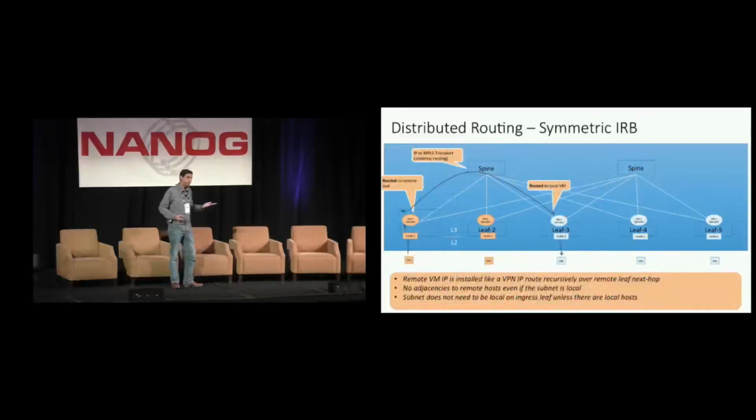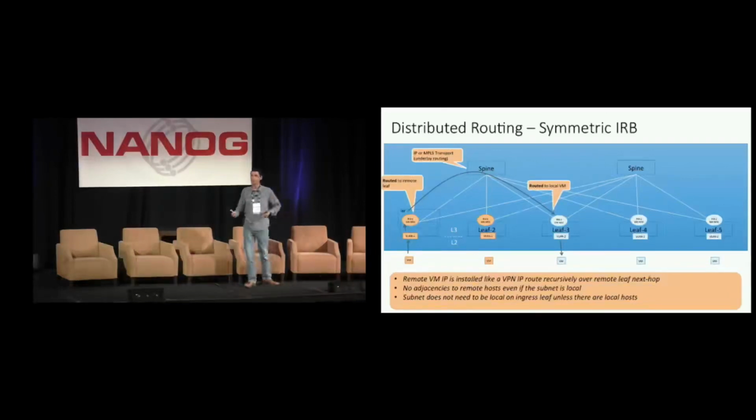Now the key difference with symmetric IRB is that the ingress leaf no longer maintains any ARP state for a remote host. ARP entries or ND entries and direct adjacencies are only maintained for directly connected hosts that are local to that leaf. For all the remote hosts in the EVPN overlay, the ARP entry is replaced by a routing entry that is installed directly into the IPVRF, based on the MAC plus IP route type 2 advertisement from the egress leaf.